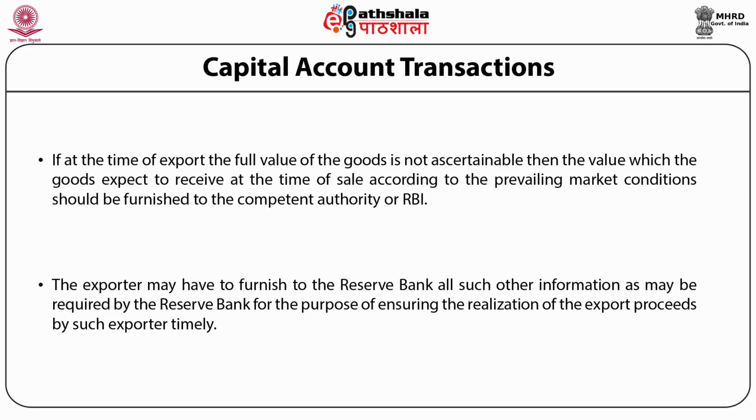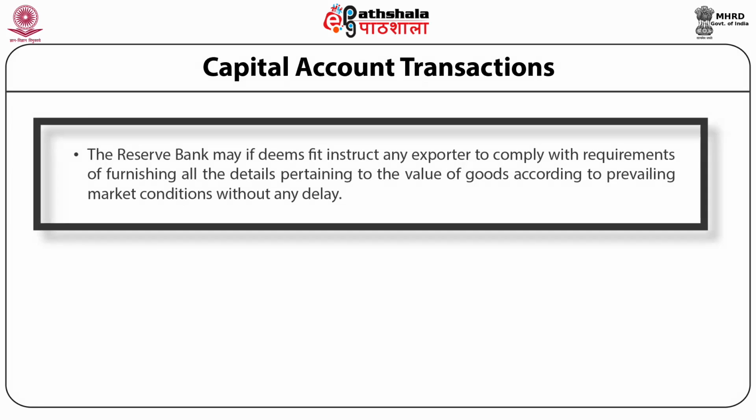The Reserve Bank may, if it deems fit, instruct any exporter to furnish all the details pertaining to the value of goods according to prevailing market conditions without any delay.